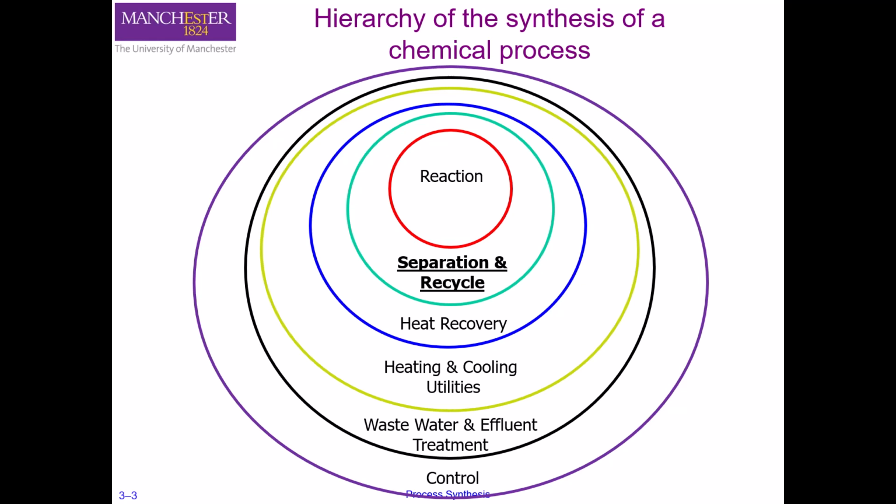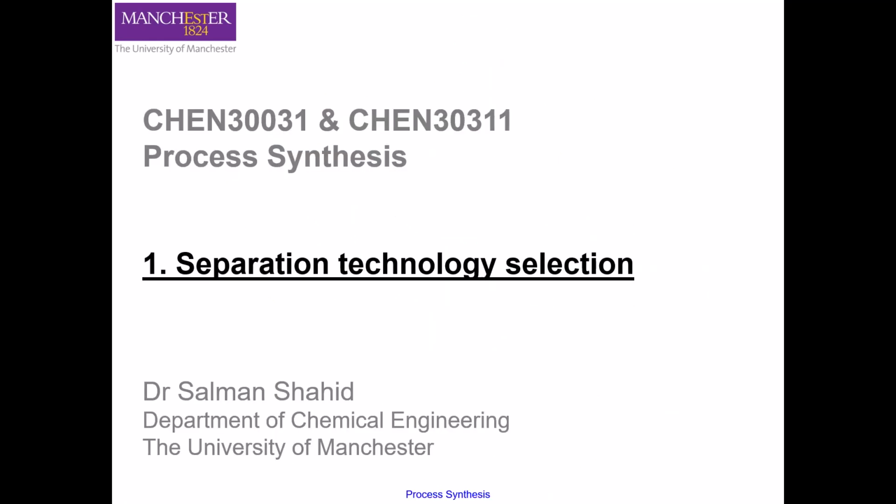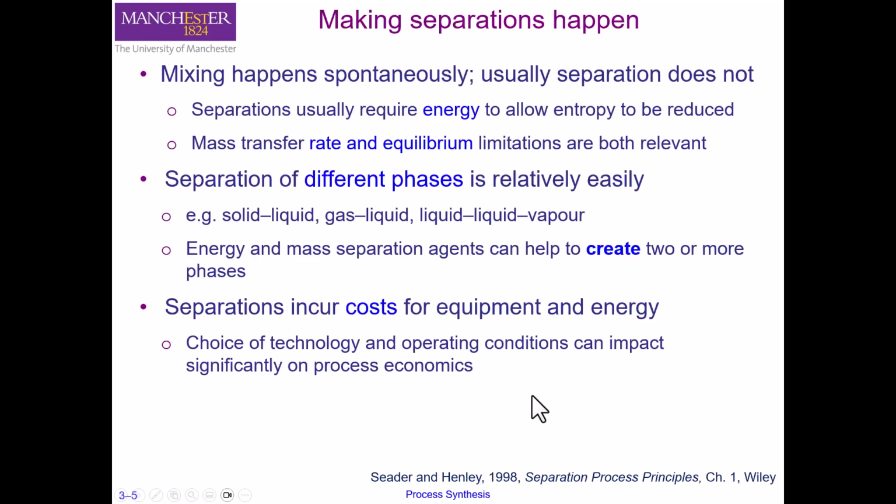So today we will talk about some general considerations when selecting a separation process, and we will mainly focus on distillation, a common separation technology that is used in industry. This first section looks at separation technology selection. So let's look at it.